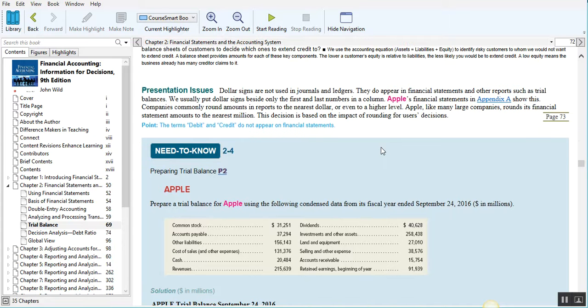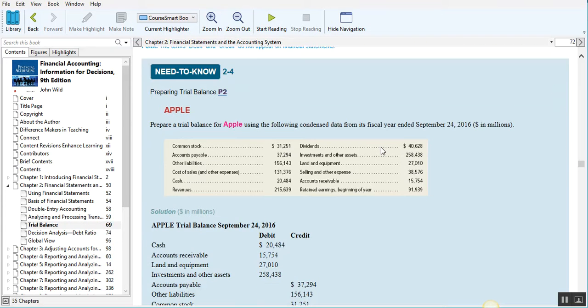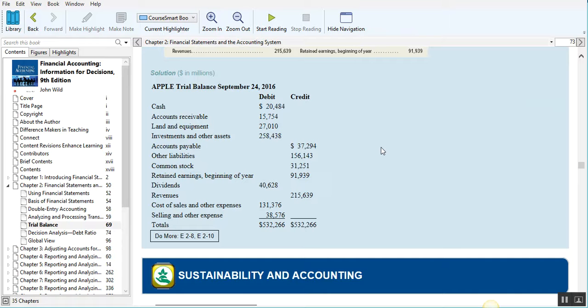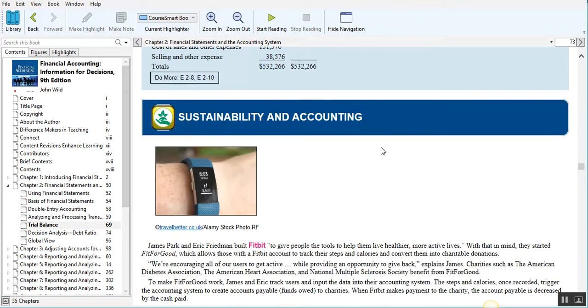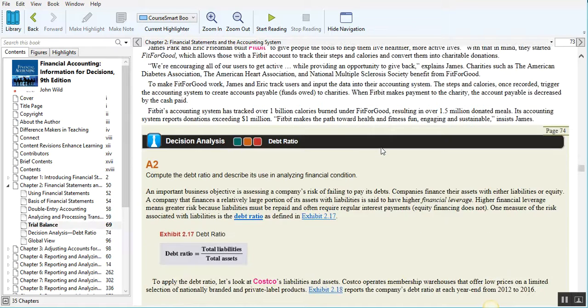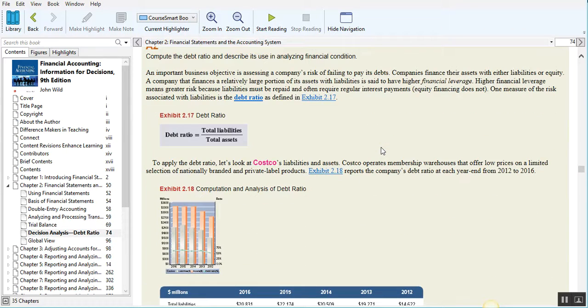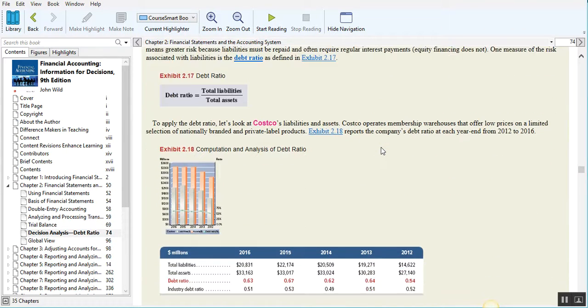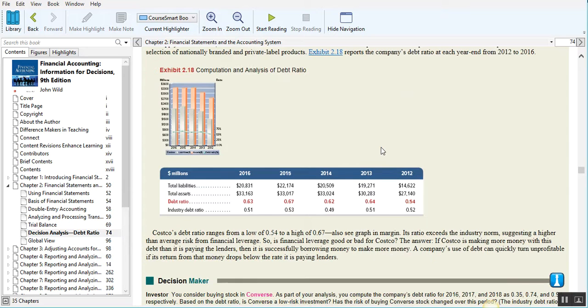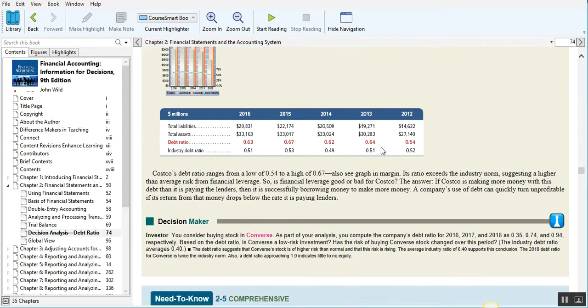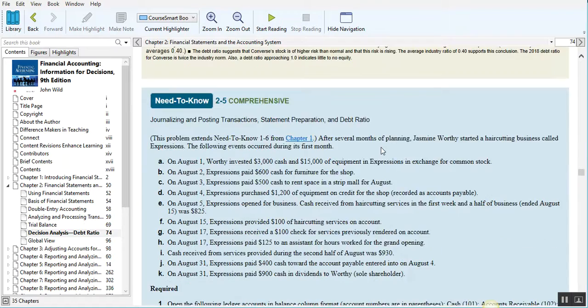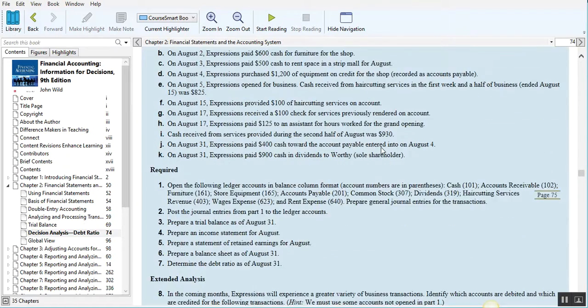You do the financial statements in a way that the presentation makes sense and people can understand what you're doing. So they give you some examples here of making decisions with ratios, analysis, and so on. This is really chapter 2 in its entirety.